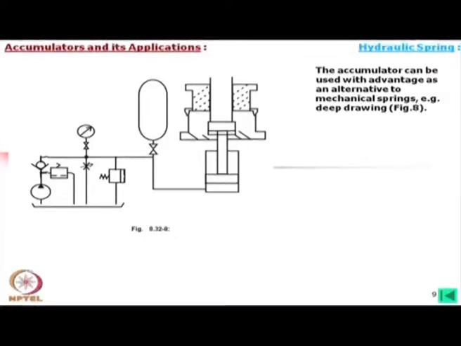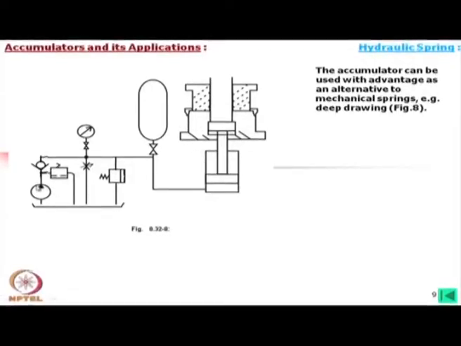Now, I have just mentioned the hydraulic spring. In that case, again we will find that this can be used as a hydraulic spring. Now, the accumulator can be used with advantage as an alternative to a mechanical spring. Okay. Instead of a mechanical spring, we use a hydraulic spring.